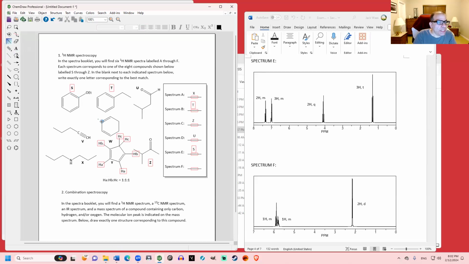Compound W has 3 types of hydrogens. There's 2 of this type. There's 2 of this type.